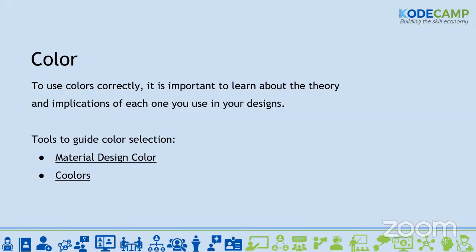Like I said, it helps you make good branding decisions, like what color your logo should be, or the emotions that colors evoke in a customer, and the psychology behind color choices on your website. This is why color theory is very, very important, and we have to take it into consideration before we start our design. So I gave you guys two tools here to guide your color selection.